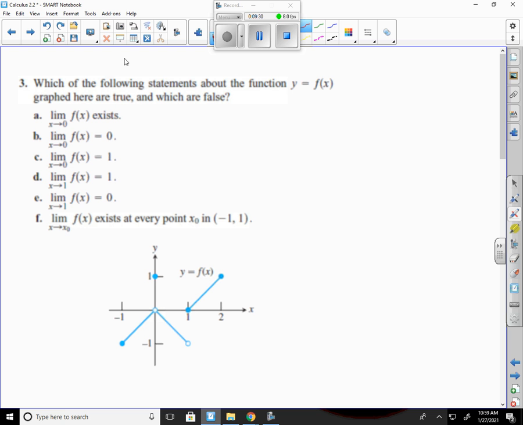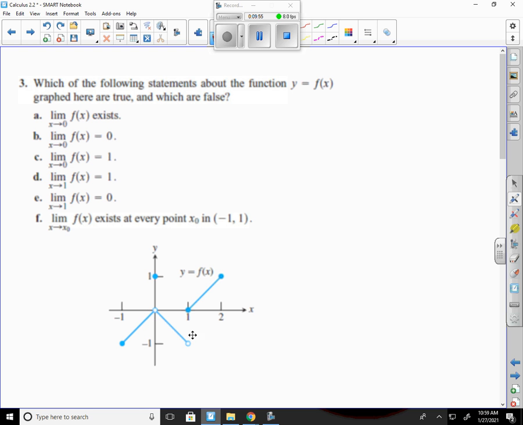So if we look at number 3, it says the limit as x approaches 0 of f of x exists. So I need to be approaching 0. So as my x is getting closer to 0, y gets closer to 0 from the left side. As my x approaches 0 from the right, it's like I'm driving up this road to get to a certain point.